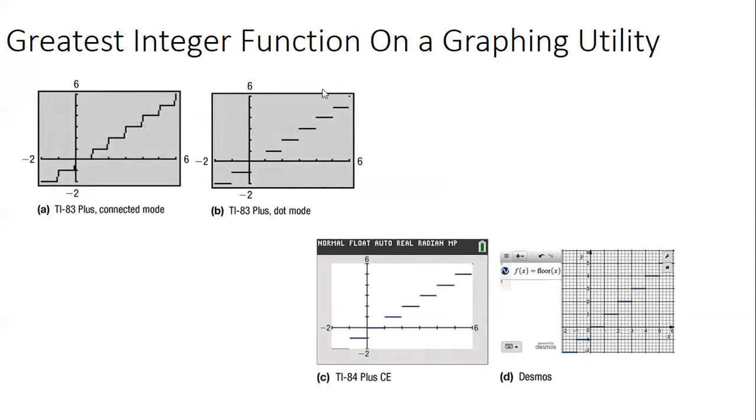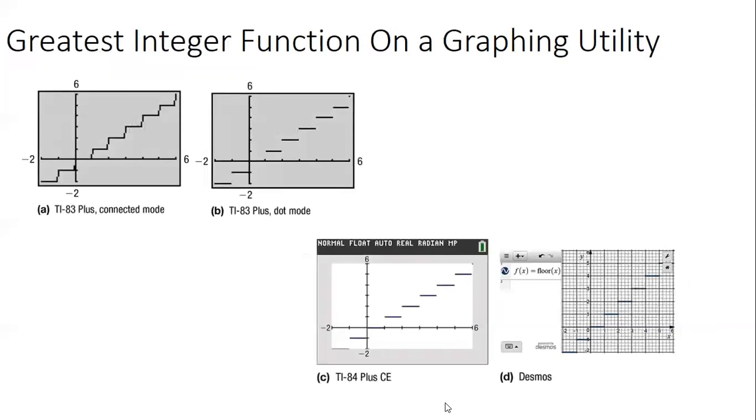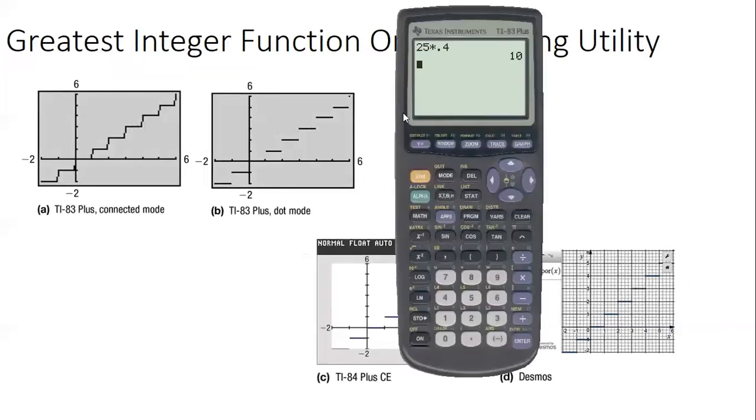In your calculator, clear my calculator, 2nd plus 7, 1, 2. I go to y equals, go to math. Which one is it? Oh, there it is.